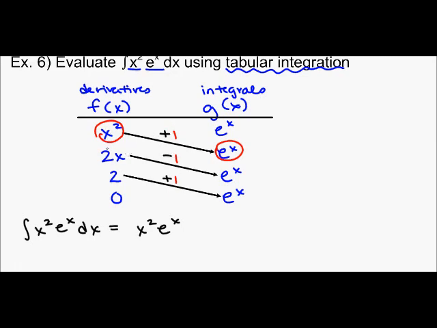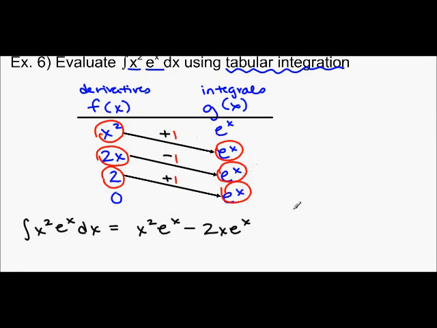My next line, I'm multiplying 2x and e to the x. So I get 2x e to the x. Then I multiply by negative 1, so I really have negative 2x e to the x. Last, multiplying 2 and e to the x, and I get 2e to the x.